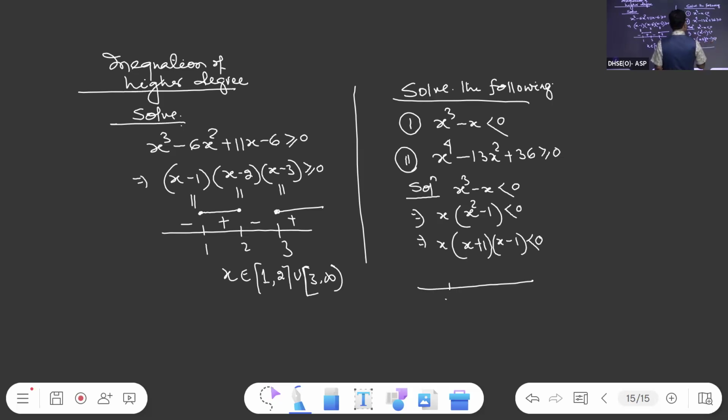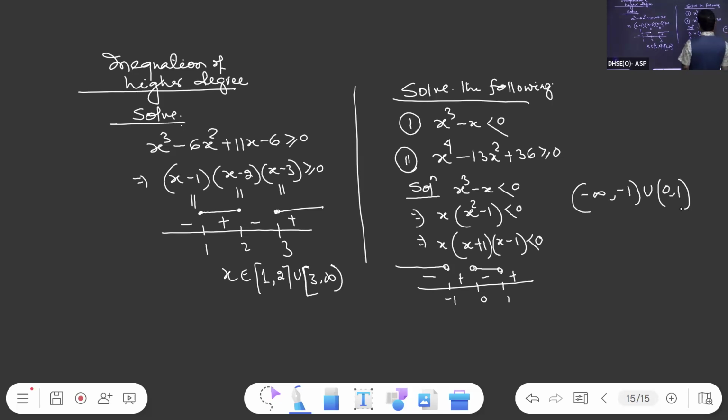The critical points are minus 1, 0, 1, plus minus, plus minus. Negative region is required. So minus infinity to minus 1, union 0 to 1. Solution is minus infinity to minus 1, union 0 to 1. This is the answer to question number 1.